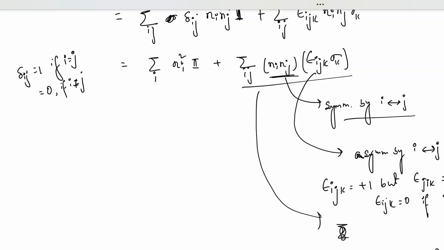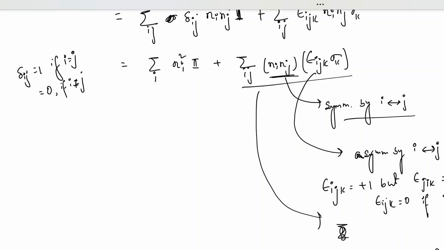So in one case you have epsilon 1 2 3 equal to plus 1, into sigma 3, and in the second case you have n1 n2 and epsilon 2 1 3 is minus 1, because the cyclic order has changed, so this is minus sigma 3. So you have plus n1 n2 sigma 3 minus n1 n2 sigma 3, which is 0.